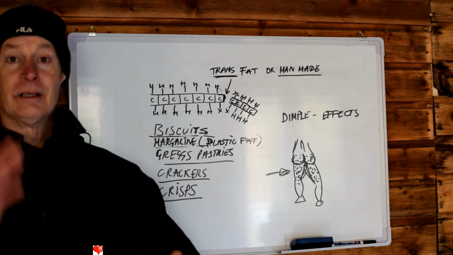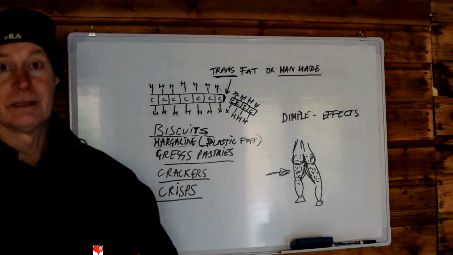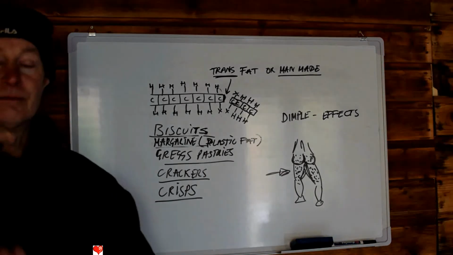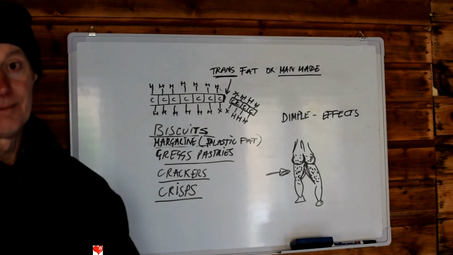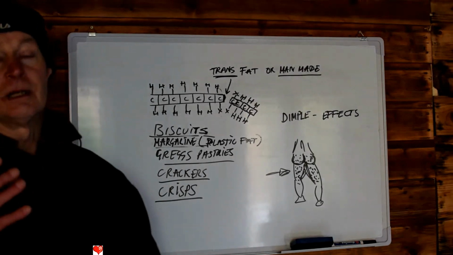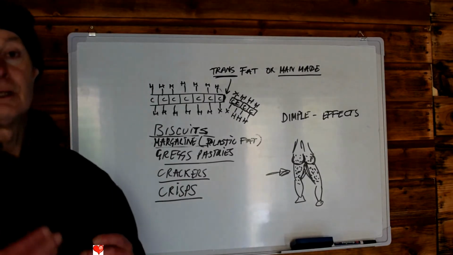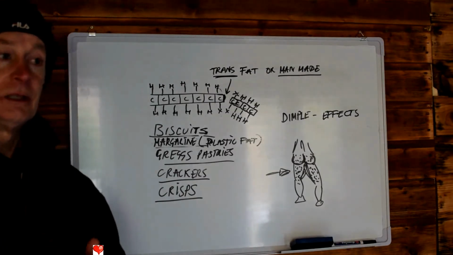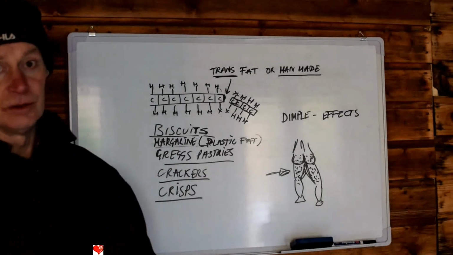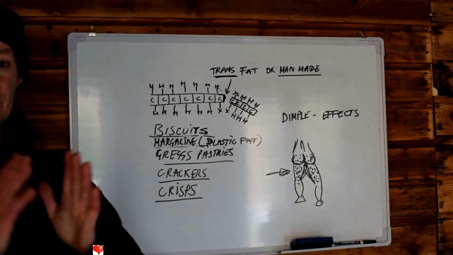And so vast amounts are going to get stored as triglycerides, and they're going to get converted by the liver. Now, there are some omega-3s and 6s that require no conversion by the liver, such as coconut fats, they're instant energy, they require no conversion. So it just really tells you what nature's doing.